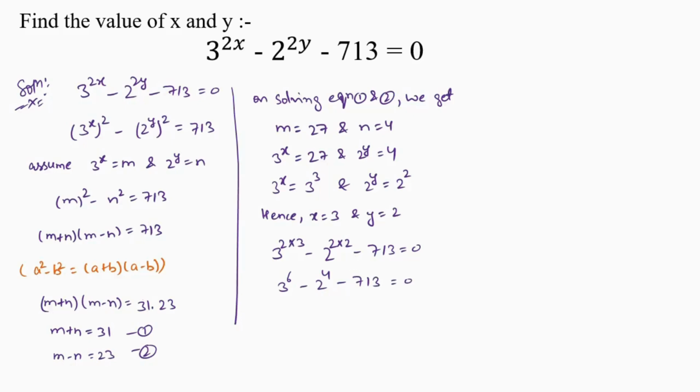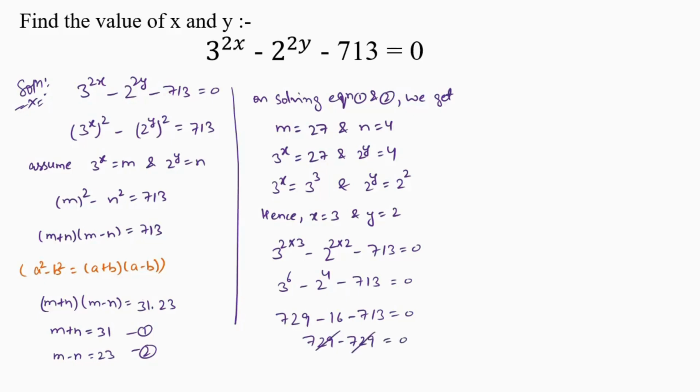On solving, 3 raised to power 6 is 729, minus 2 raised to power 4, which is 16, minus 713 equals 0. On solving this, we get 729 minus 729 equals 0.